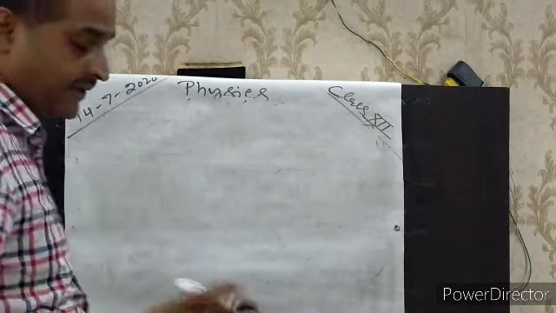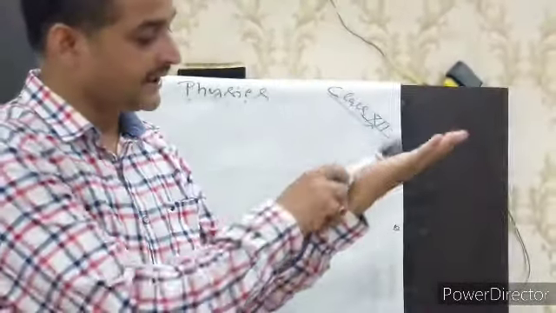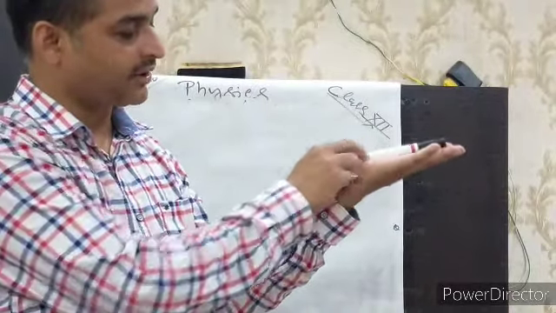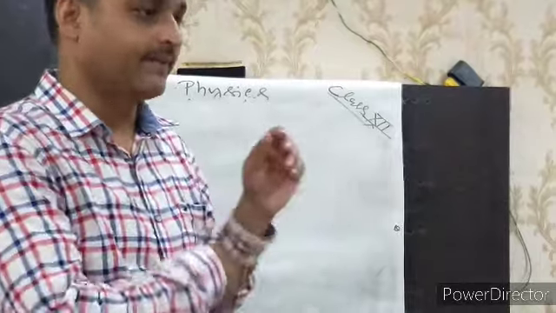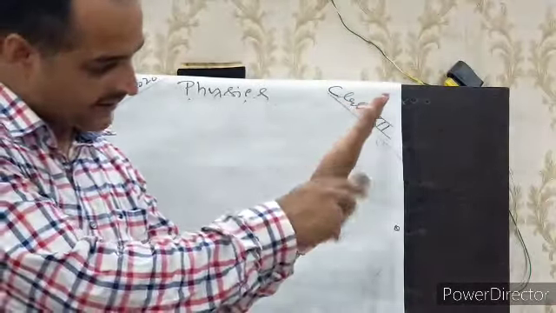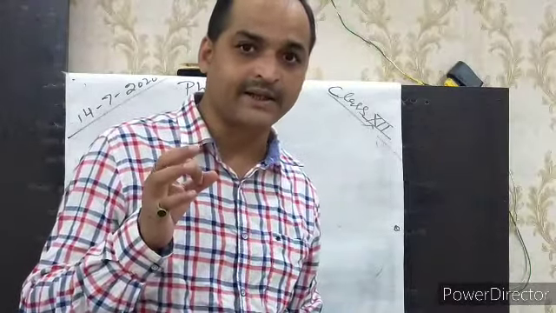Now we will study, we have already studied the angle of repose. What is angle of repose? That angle of inclination from the horizontal at which the body is just about to begin to slide.